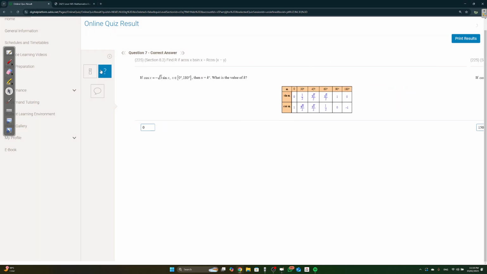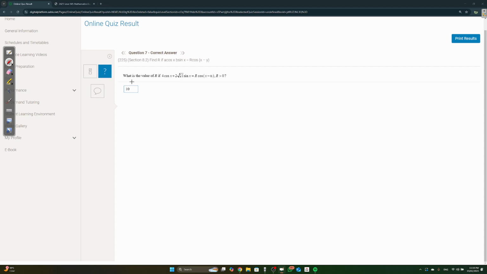Question 7. What's the value of r for 4 cosine x plus 2 root 21 sine x?